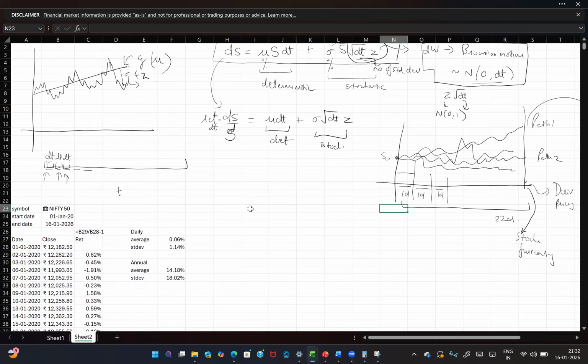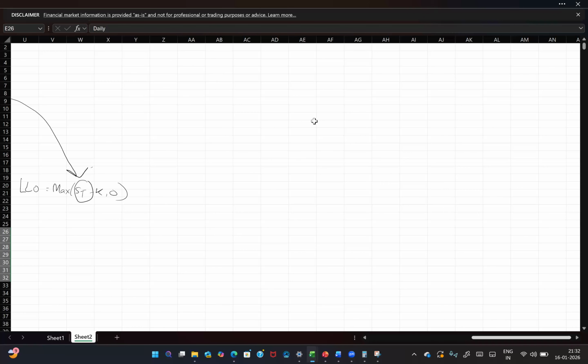So let's try to attempt this simulation. I'm going to take these important assumptions here and start generating some paths. The first column is, say, the path number. Clearly we have to generate this. One way is to just write 1, 2 and then drag, but this will take time if there are hundreds of values.